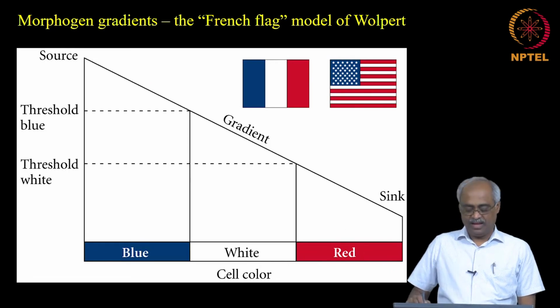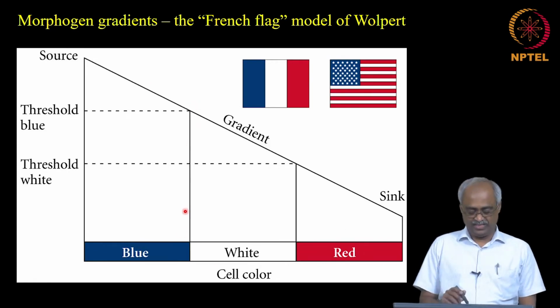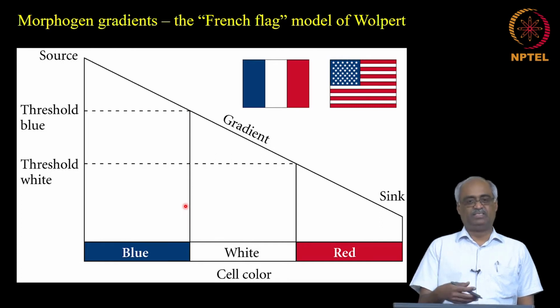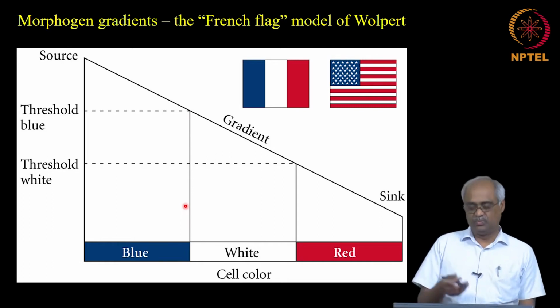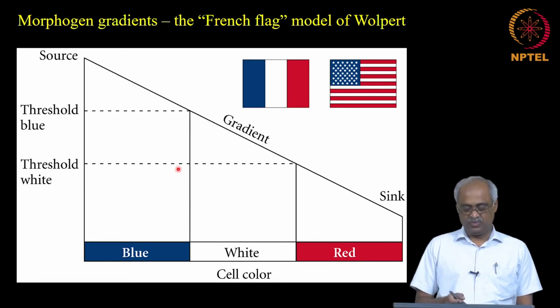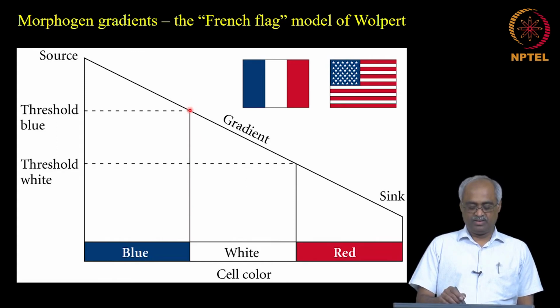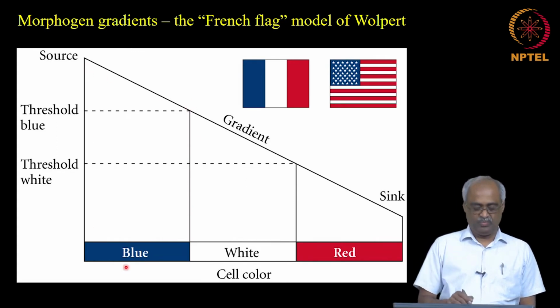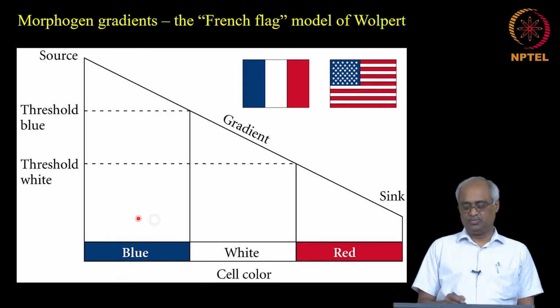At different concentrations it is going to make a different specification, a different fate for those groups of cells. Let us say a group of cells that have this concentration or higher is going to make the blue pattern in the French flag, right.